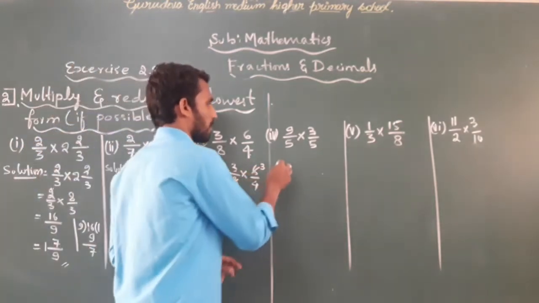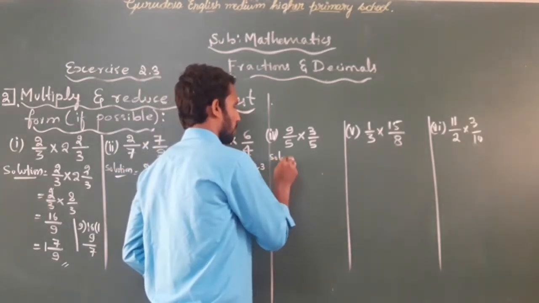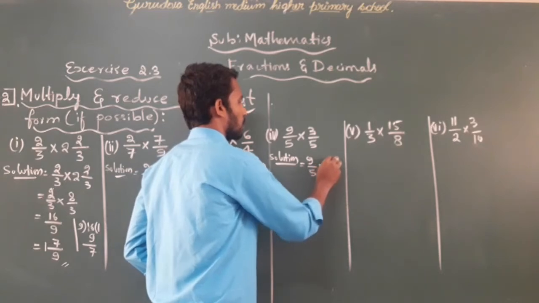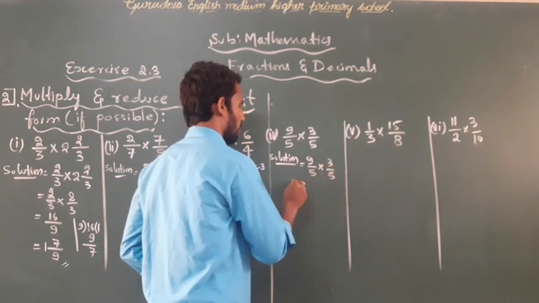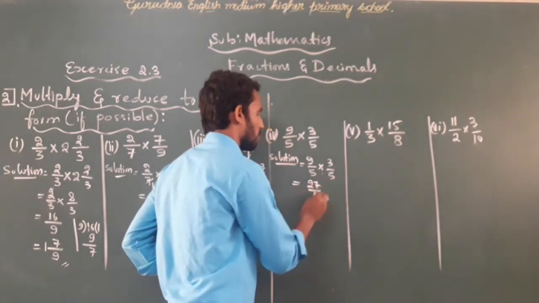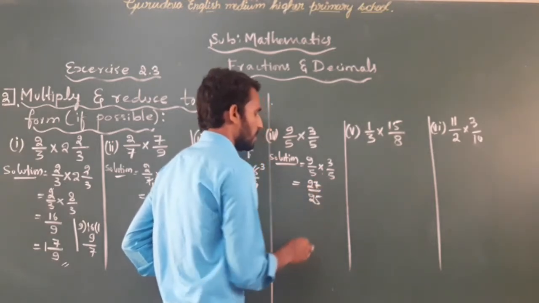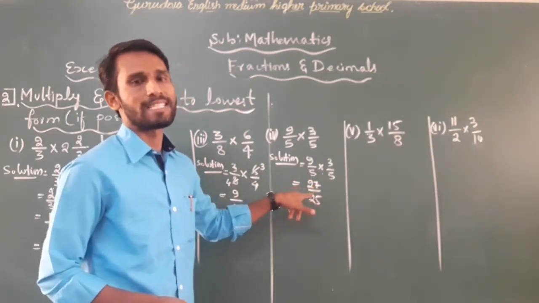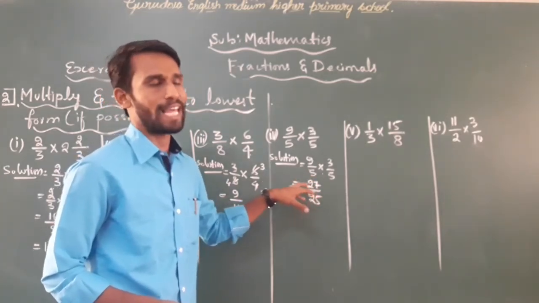Next, the fourth question, solution. 9 by 5 into 3 by 5. When we multiply, we get 27 by 25. Dear student, we got an improper fraction. We have to convert it into a mixed fraction.